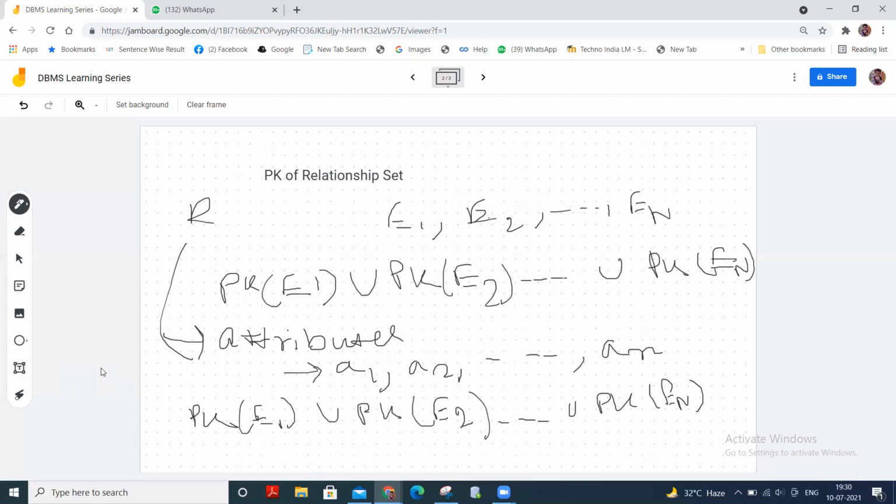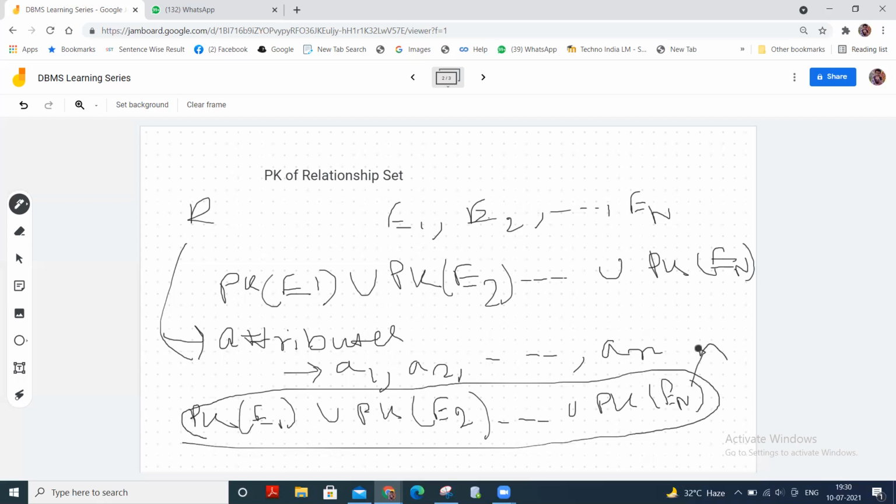In both the above cases, the set of attributes and primary key, meaning primary key of E1, E2 up to En, forms a super key. In this combination, this will create the super key.